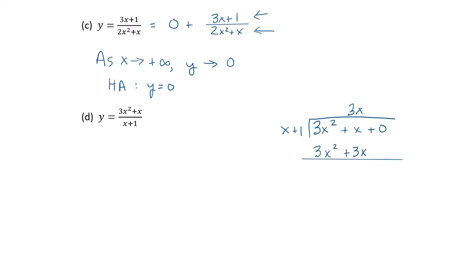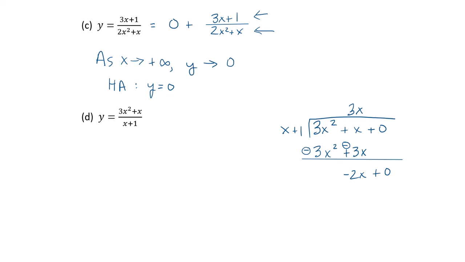Then I'm going to subtract that. 3x squared minus 3x squared is now gone, and I have 1x minus 3x is a negative 2x plus 0. And we try our division again.